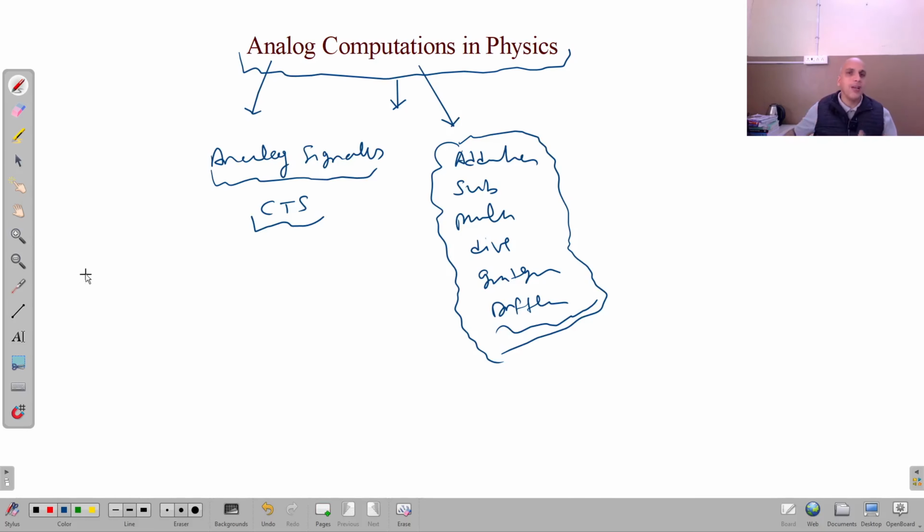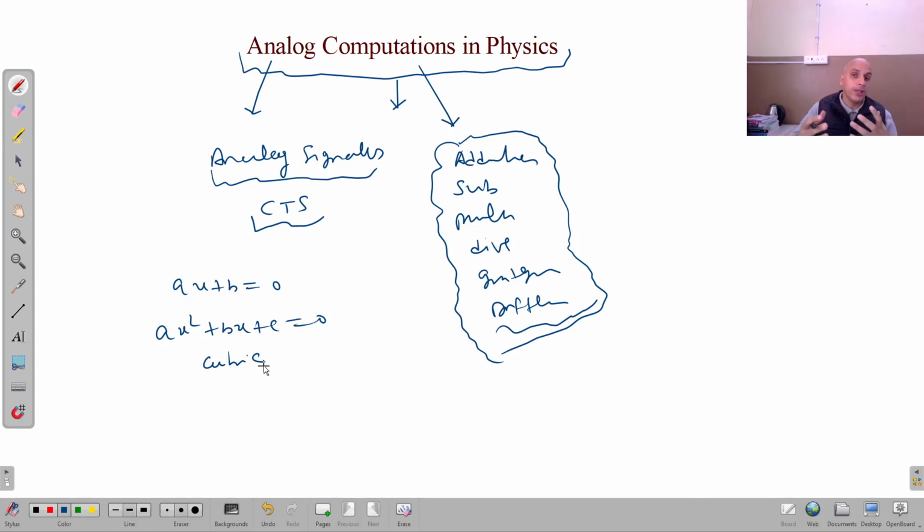Analog computations are very, very important in physics. We usually face equations in physics like a linear equation ax plus b is equal to 0, a quadratic equation ax square plus bx plus c is equal to 0, similarly a cubic equation, right?